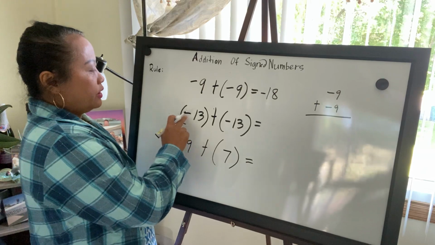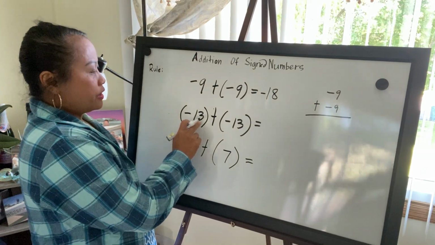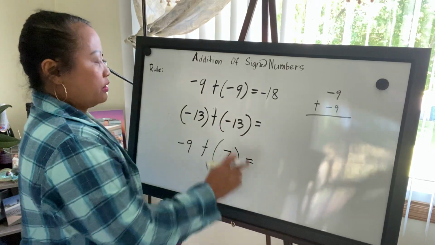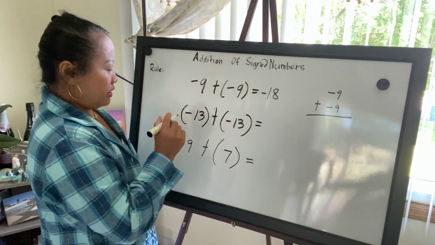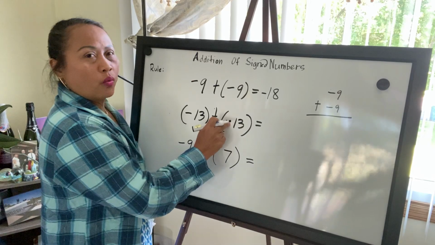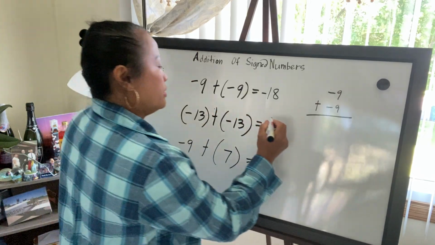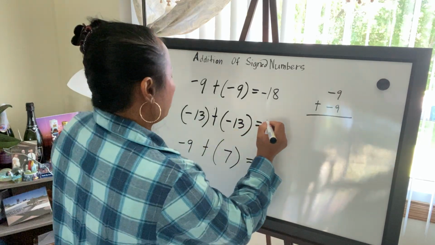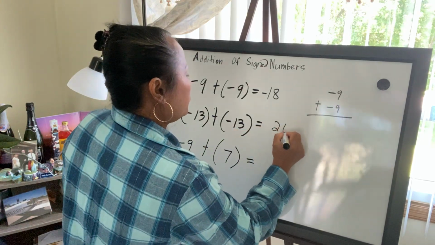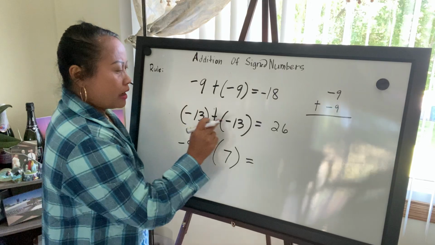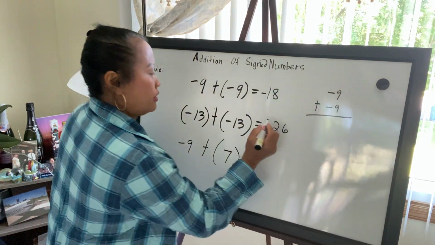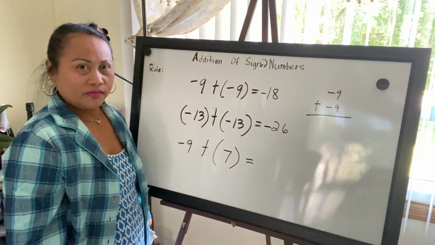Next, negative 13 plus negative 13. Now, look at the sign. Negative, negative. We have to add. 13 plus 13 equals 26. Now, bring down the common sign, which is negative.